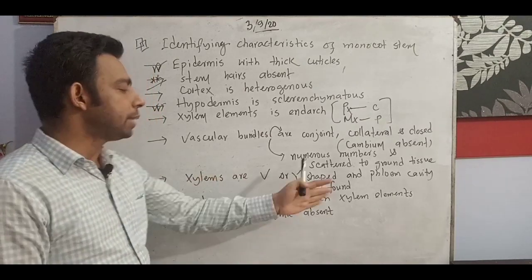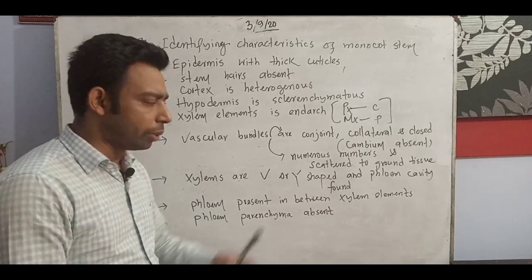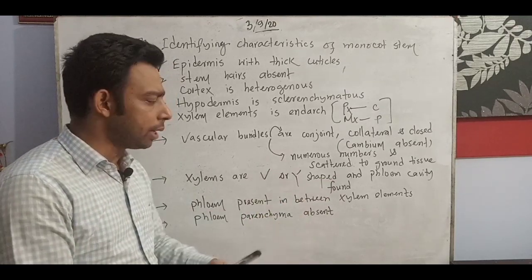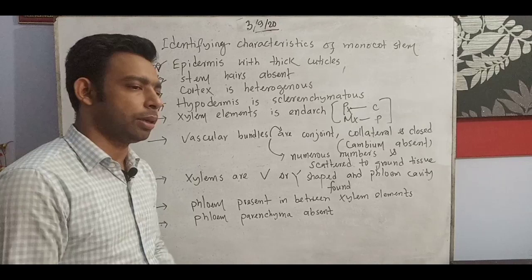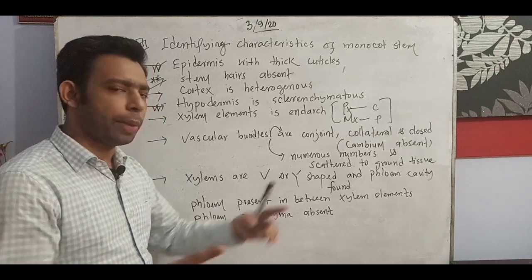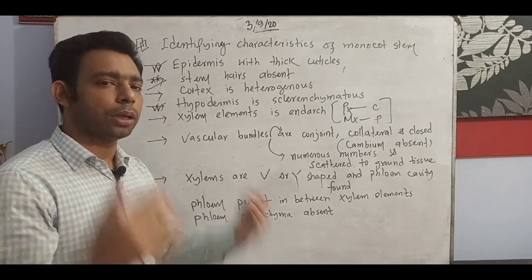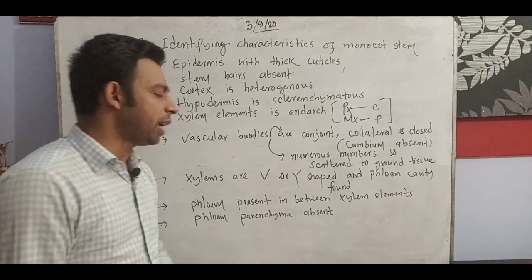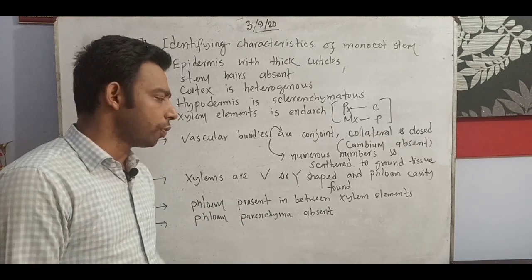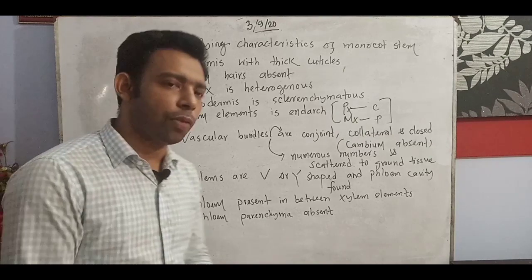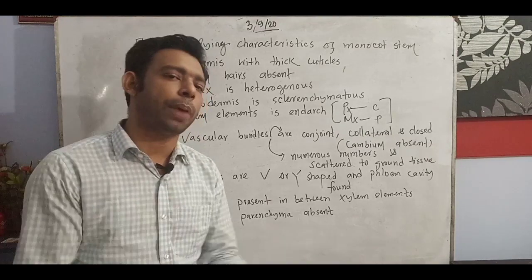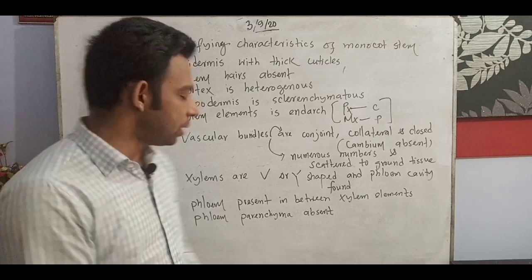And phloem is present in between the xylem elements, the protoxylem and metaxylem. Phloem parenchyma absent. If we try to find the phloem parenchyma, it is absent in this case.